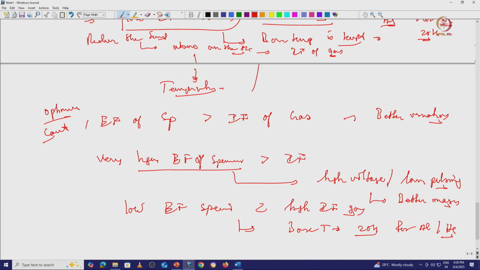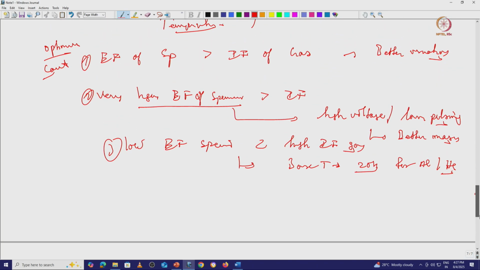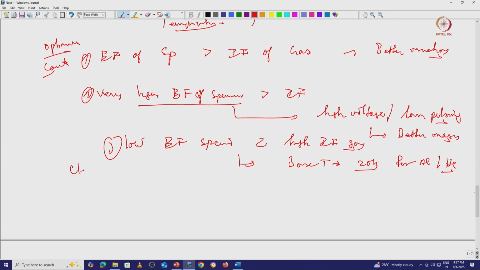Okay, so all in all, these are the three important conditions where you can get clear and atomically resolved images.